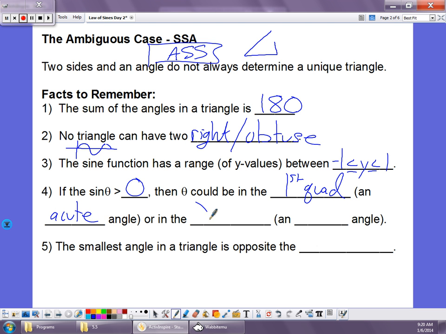Or in the second quadrant, what would it be? Obtuse. So this is where you'll see we have two angles. And the smallest angle in a triangle is opposite the... not necessarily, just the smallest side. Okay? So that's just some background knowledge to help you with these problems.